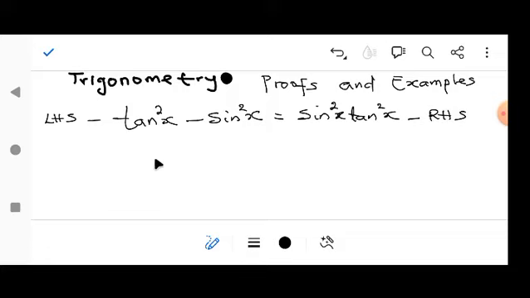Now how can I prove this? Now recall that we can express this part. Let's consider the left hand side now. If you recall that we talk about tan theta is equal to sine theta upon cos theta, right? Good.